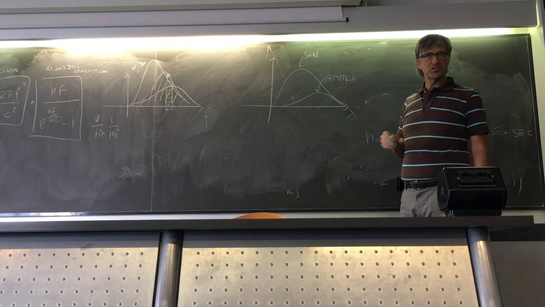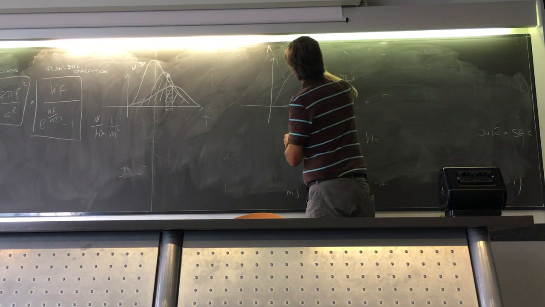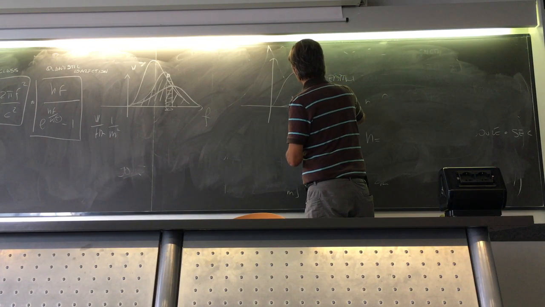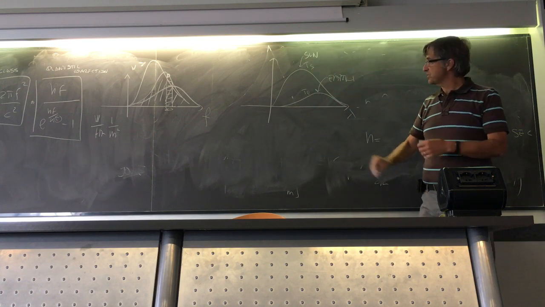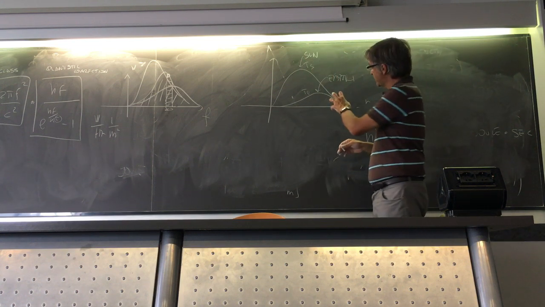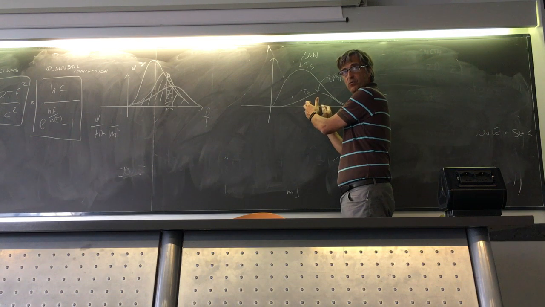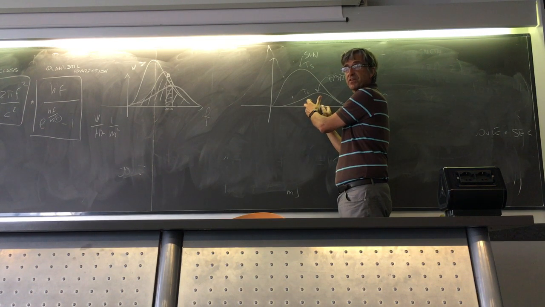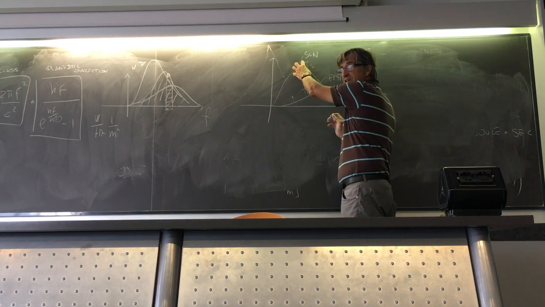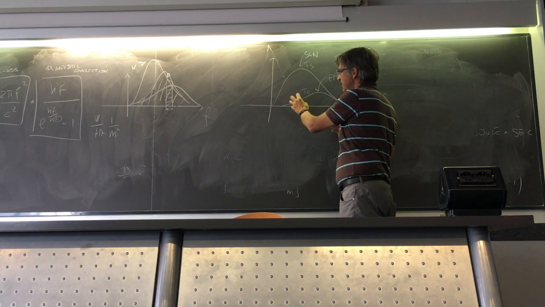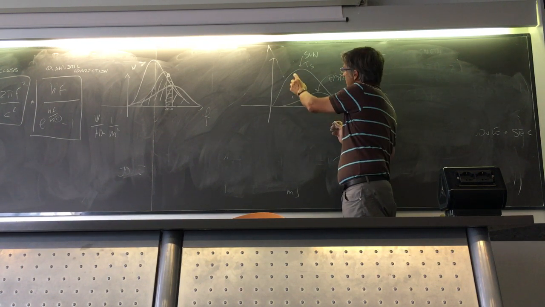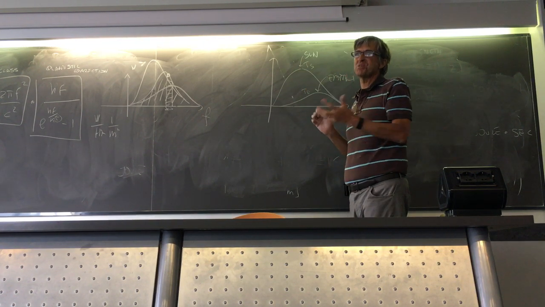Since the earth is colder, it emits at higher wavelengths, at a lower frequency. Okay? If the sun is hotter, it emits at a higher frequency. To have the same emission of the sun is impossible.